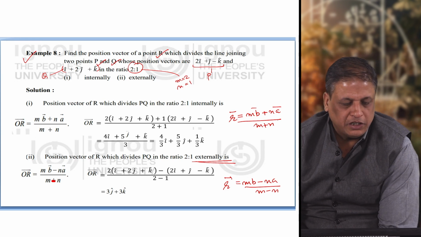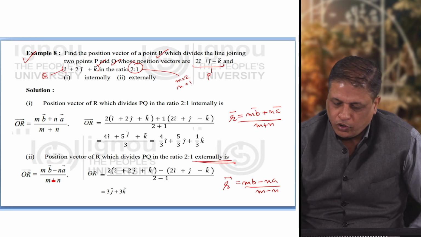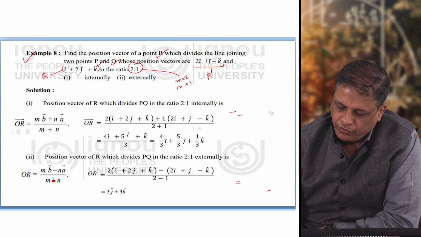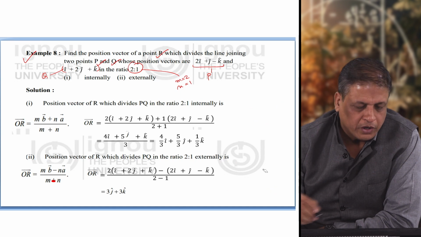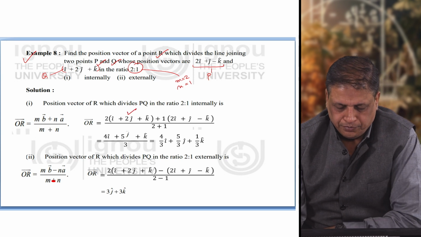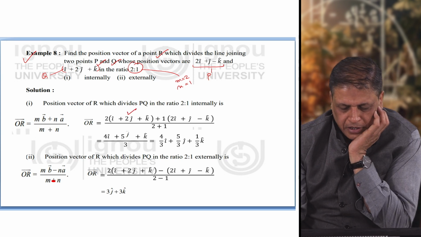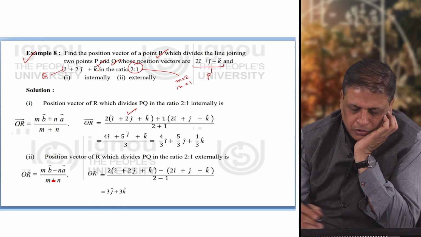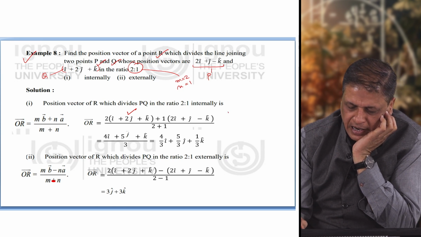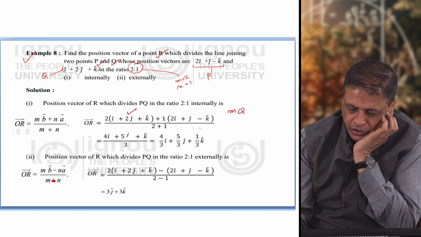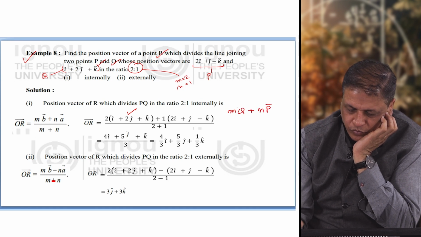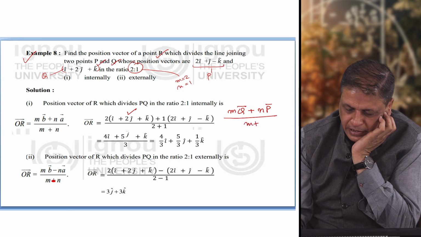So, applying these formulas to the given situation, we are given vector P and vector Q. You are going to write m times Q plus n times P upon m plus n. What is P?